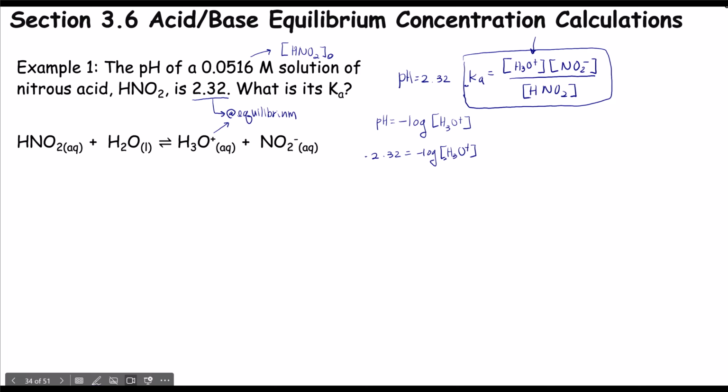We're going to put the negative on the other side. So we have negative 2.32 is equal to log of the hydronium ion. Now let's take the antilog of that to get just the concentration of the hydronium ion.